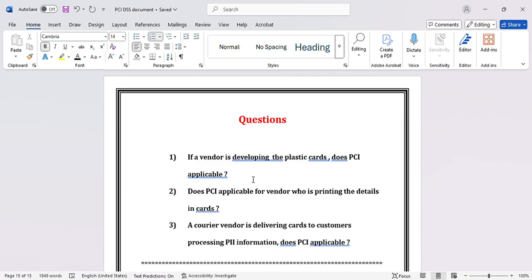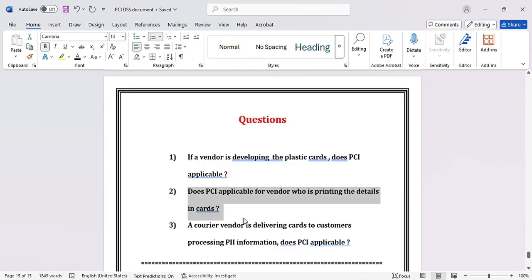Question number 1: if a vendor is developing plastic cards, is PCI applicable? This vendor is developing the plastic cards, but no transactional details or card details are processed here, as you can see. So is PCI applicable? You can provide the answers and why.